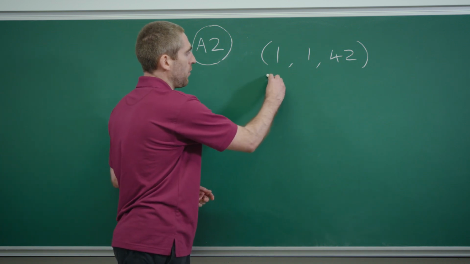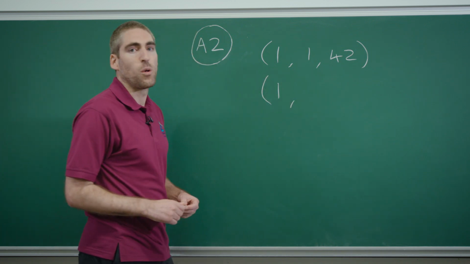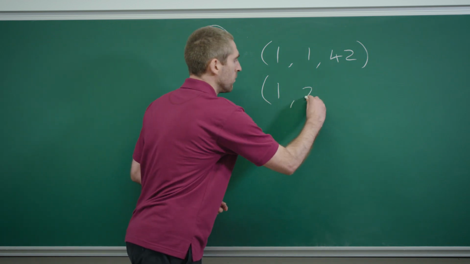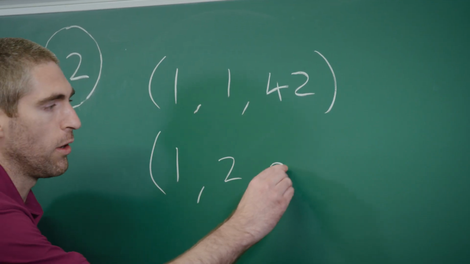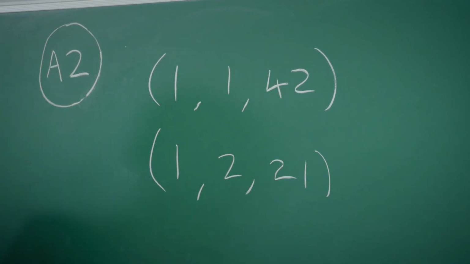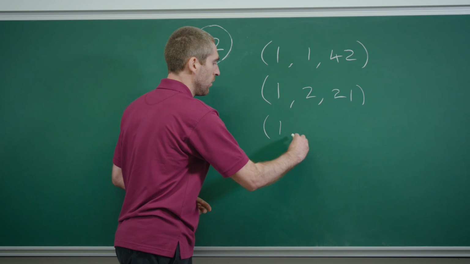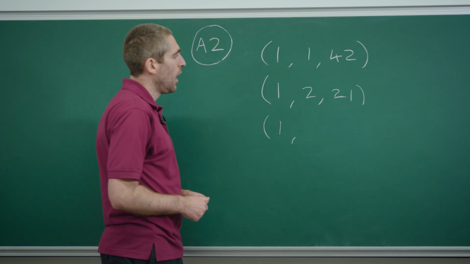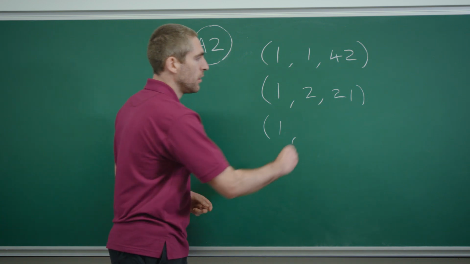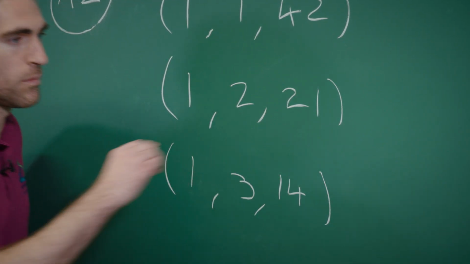If we stick with the smallest factor being 1, and we allow the next one to go to 2, this means the final number needs to be 21. And again, if we stick with the smallest factor being 1, and we say that the next factor of 42 is 3, the final factor would need to be 14.